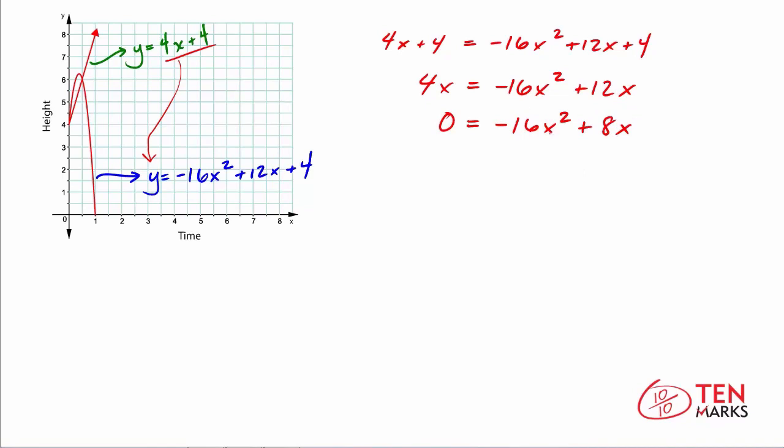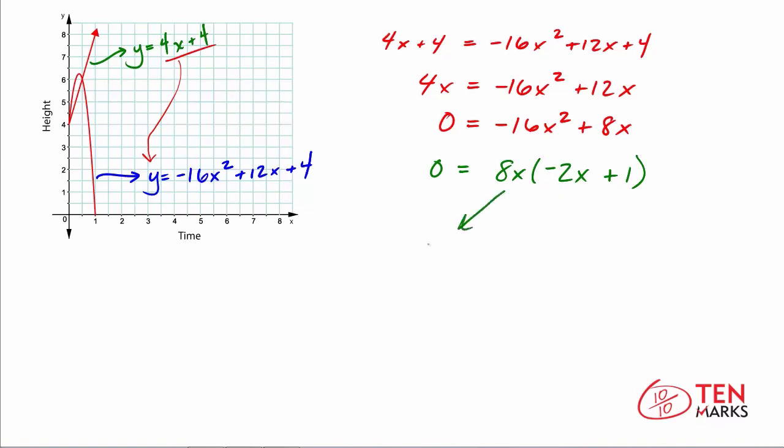So now that we have the expression set equal to 0, what we can do is factor the right side, right? So we're going to factor the right side by pulling out 8x. This is the greatest common factor. So you'll have 0 equals 8x times negative 2x plus 1. Now that we've got the expression factored, we can solve for x.